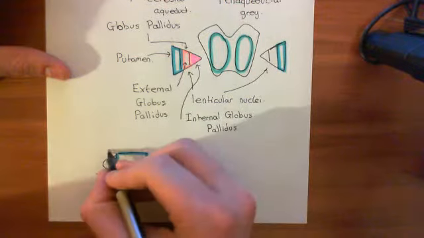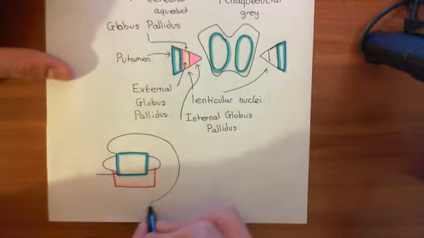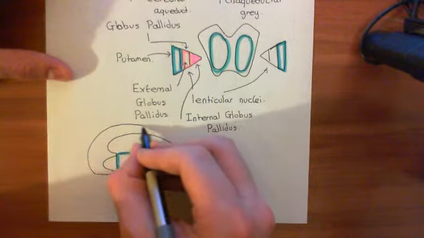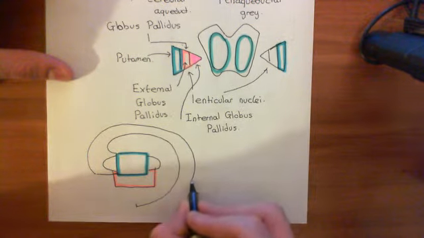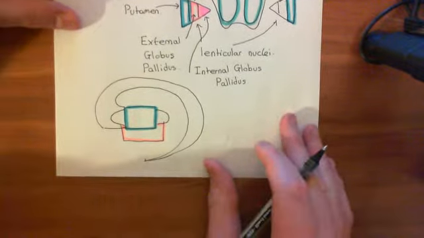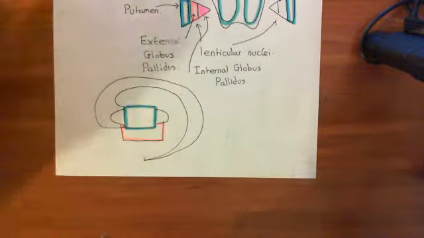So let me show you this. So here comes this massive great structure. Right, so let me complete it like so. So you have this sort of huge great brain structure here that joins on at the front of the putamen and comes completely around.